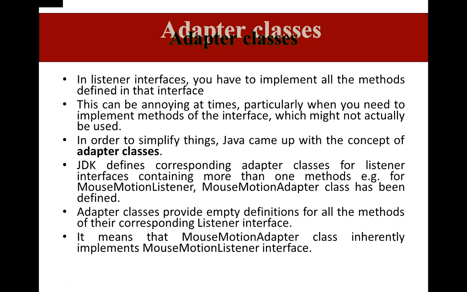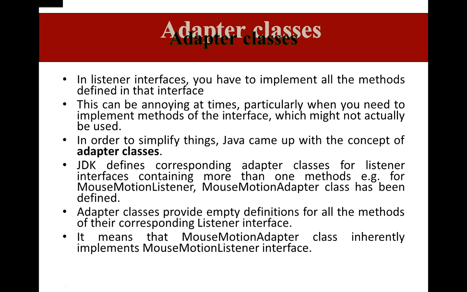To address this in Java, we have something called adapter classes. These adapter classes implement that interface in the backend, and they implement those methods with an empty body. We use these adapter classes where and when we want to implement a specific method.